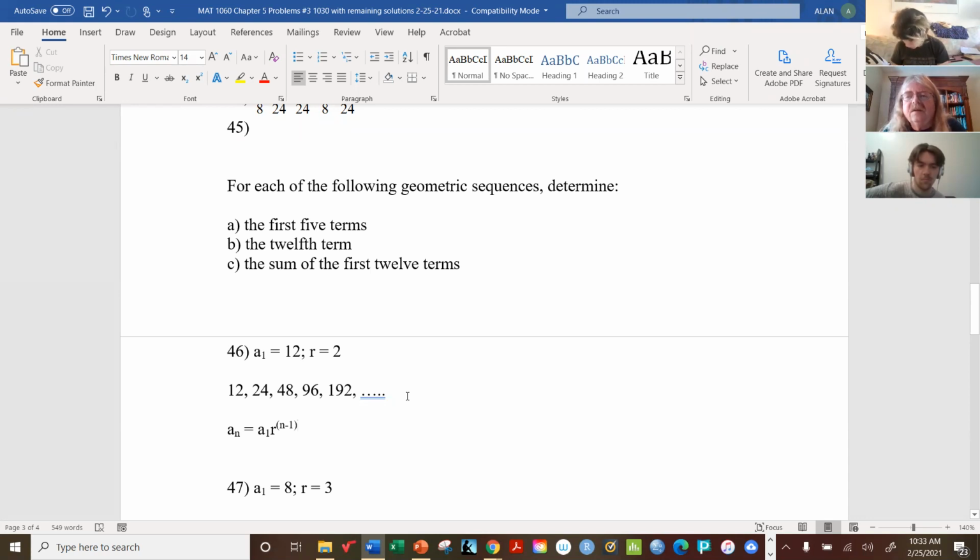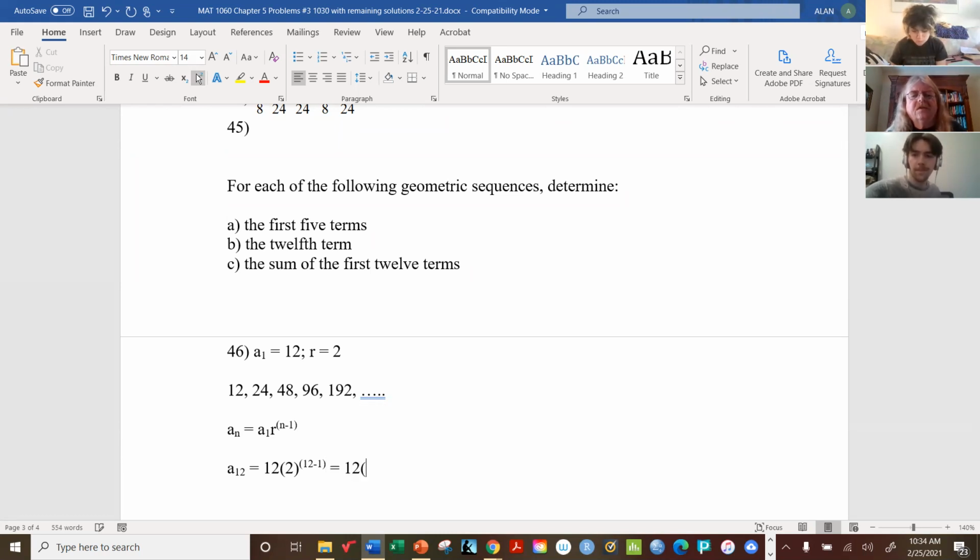Now, like with the arithmetic sequence, we could write them all out, but they're going to get so big that it's probably better if we just fill in the formula. And this is no exception. It's a fairly big number that we're going to find here. So we're looking for the 12th term. The first term is 12. The common ratio is 2. And that exponent will be 12 minus 1.